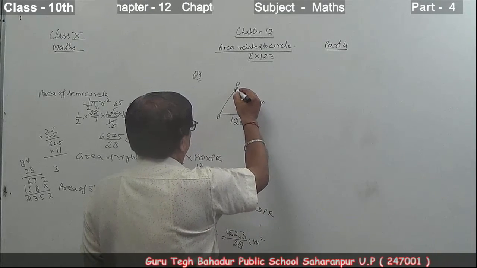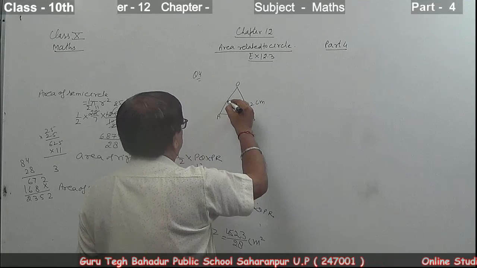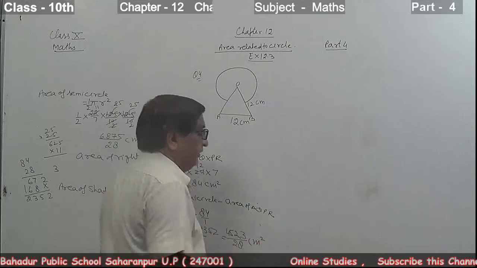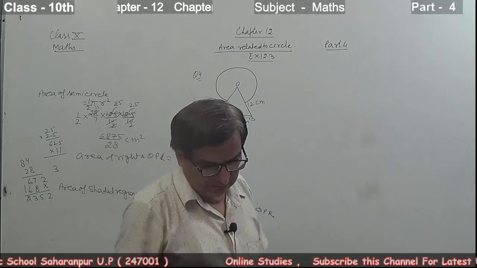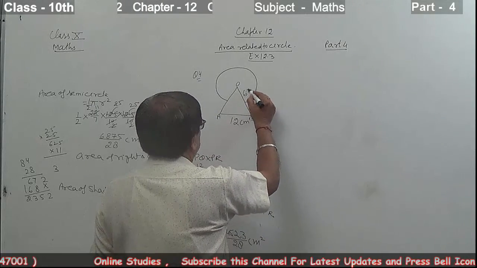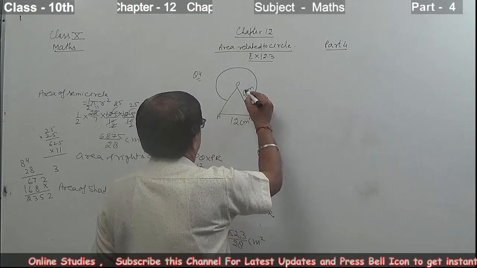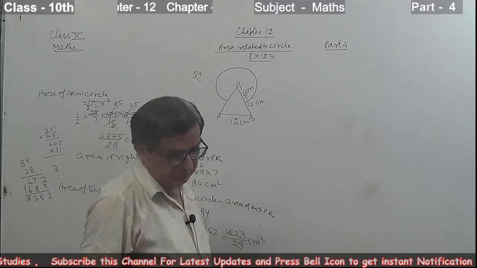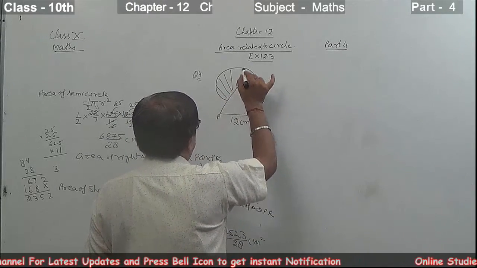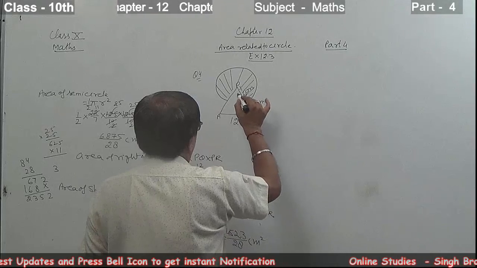Taking O as center, radius 6 centimeter. This is the major arc, this is 6 centimeter. Find the area of the shaded region.